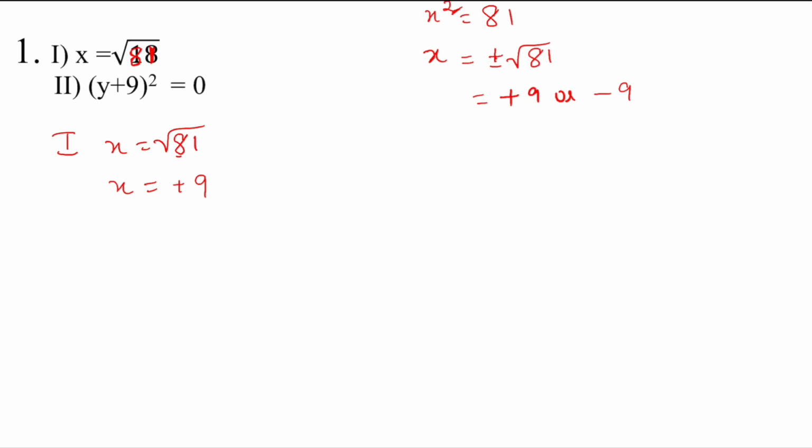But if the value of x is directly given as root 81, then x will have only one value, that is positive. Therefore x is equal to plus 9.